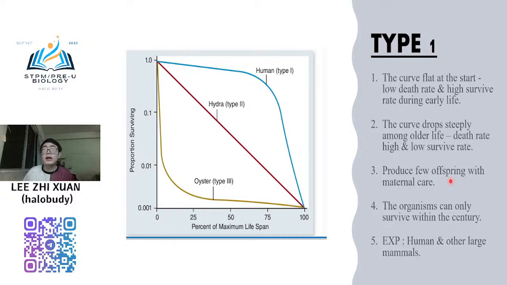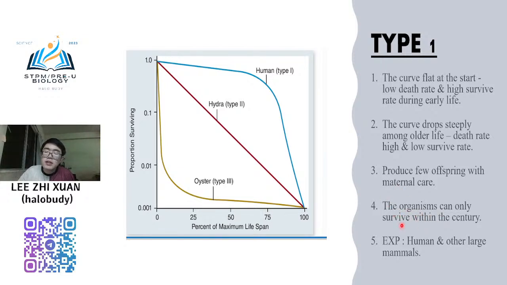When your mother is pregnant, in many cases it is one baby only. Some people can produce twins, or very rarely three babies. Very few cases, but mostly only one. And humans have maternal care, right? Your father and mother take care of you, give you food, drink, and a home to live in. All of that. There is maternal care. Okay.